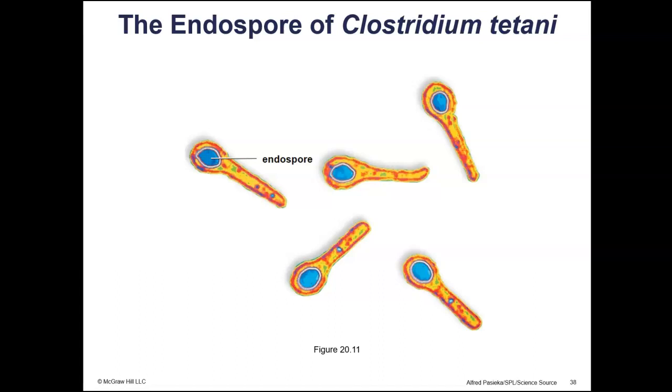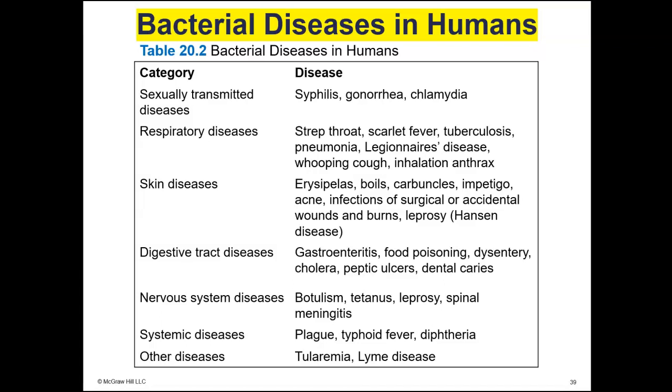You have to boil to hotter than boiling in order to actually destroy them. So they can survive even boiling temperatures and other harsh conditions by forming endospores. And then they'll become active whenever conditions are more favorable.